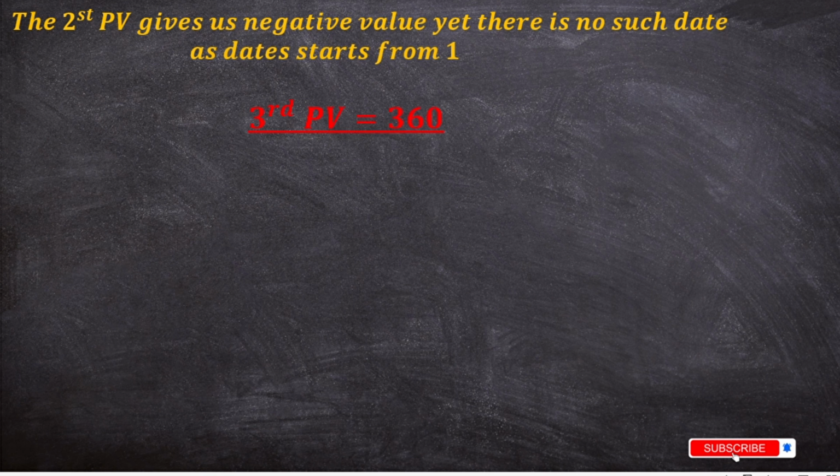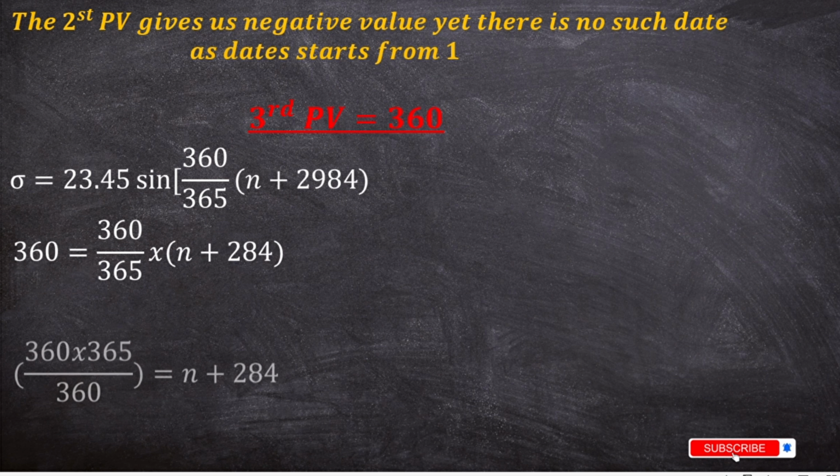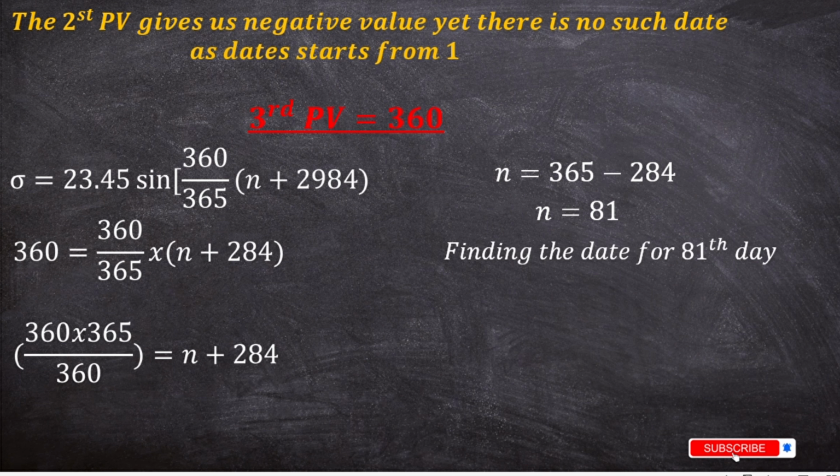The third primary value is 360. Having our formula, plug in 360, substituting for n, we get n as 81. 81 is now an nth day, so we have a date for this one. How do we find the date for the 81st day?